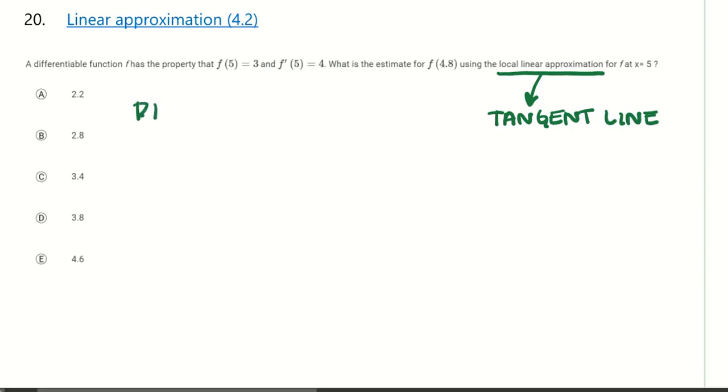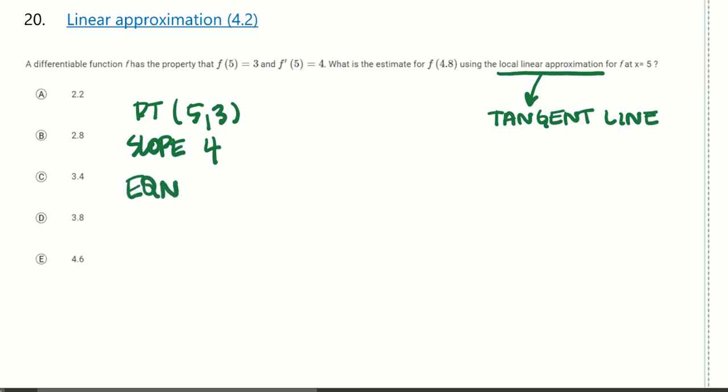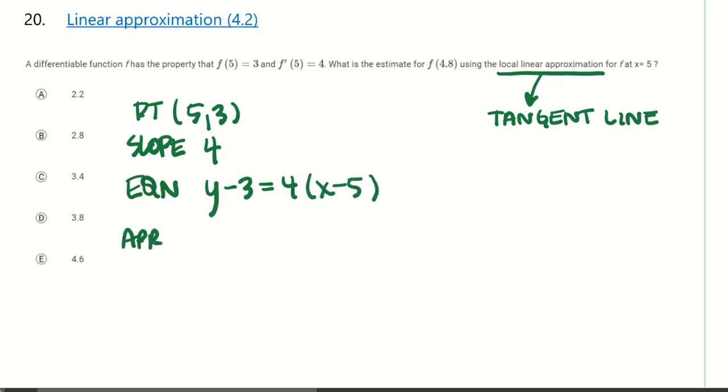Okay, so I've got a point. That point is 5 and 3. I've got a slope. Slope is going to be f prime of 5 equals 4. So I can write my equation as y minus 3 is 4 times x minus 5. And then my approximation, approximation has two p's.